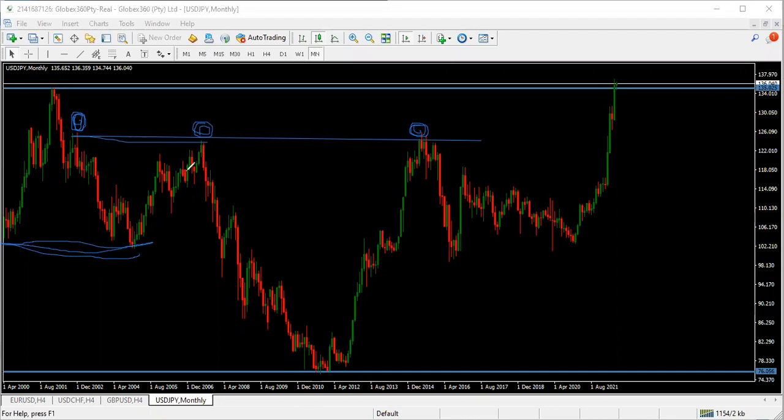So now what do we have here? We have a new resistance, I mean, that was created long time ago. As you can see, 1, 2, 3. It was created long time ago. Then the price came back here. As you can all see that.